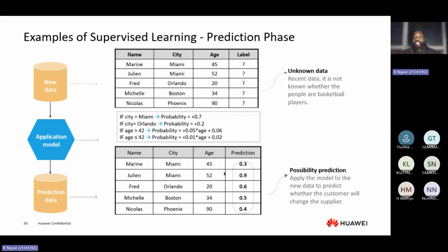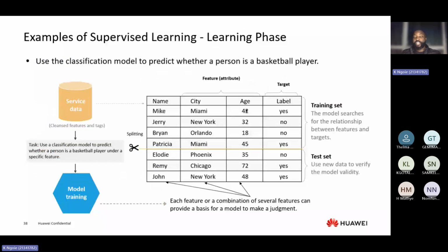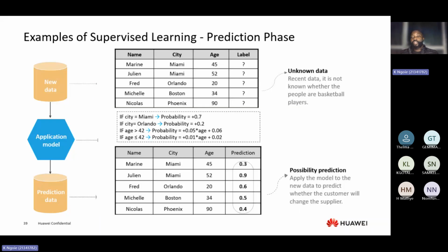So this person has been predicted to be a basketball player. Basically, we've used the previous data to train the model and test the model. Now we are using the model with new data, and the model is now predicting. So that is what we call it.